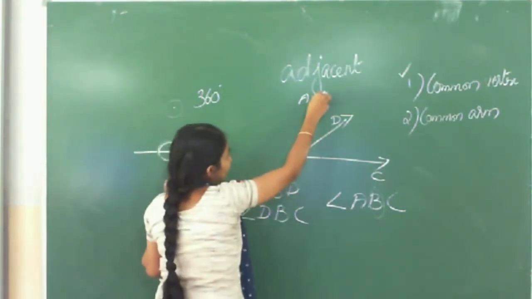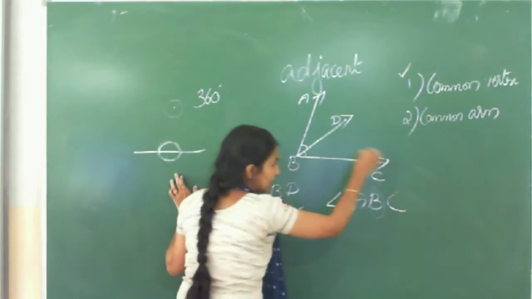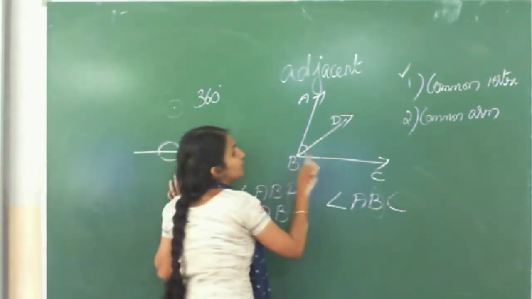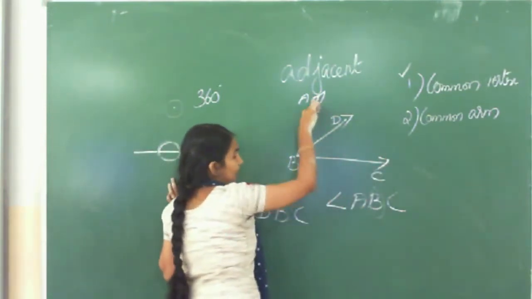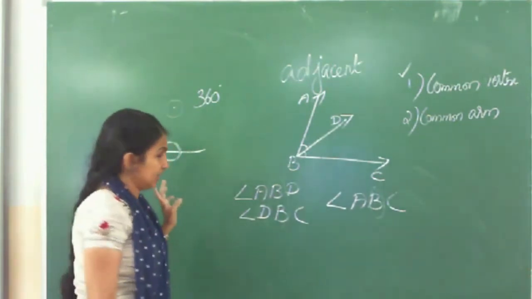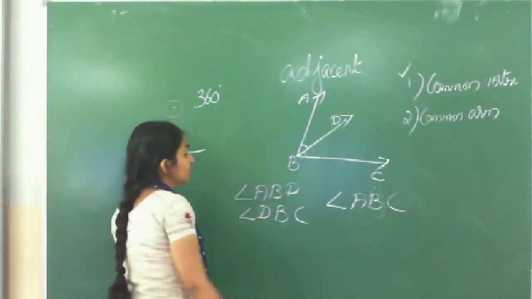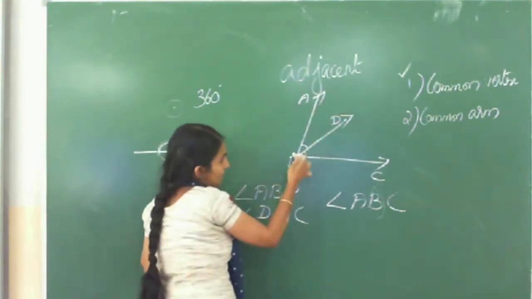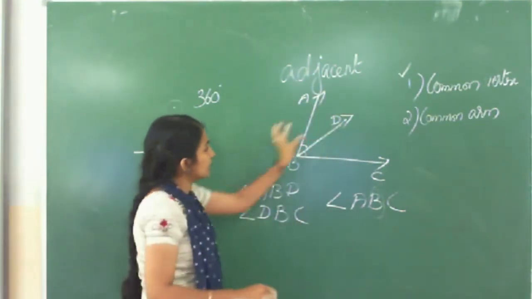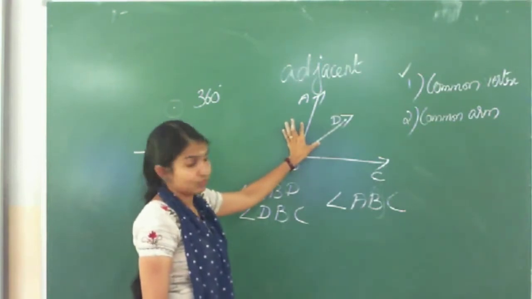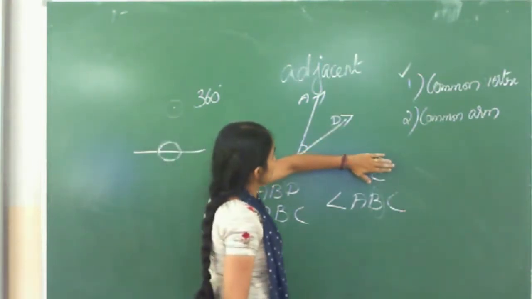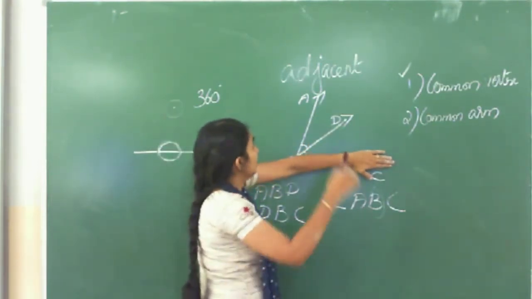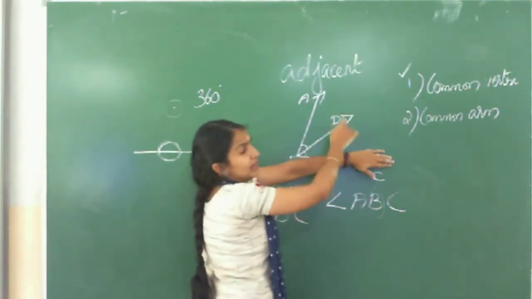In the case of angle ABC, the arms are BC and BA. We will start with the vertex when we are saying the arms. In the case of ABD, its arms are BA and BD.